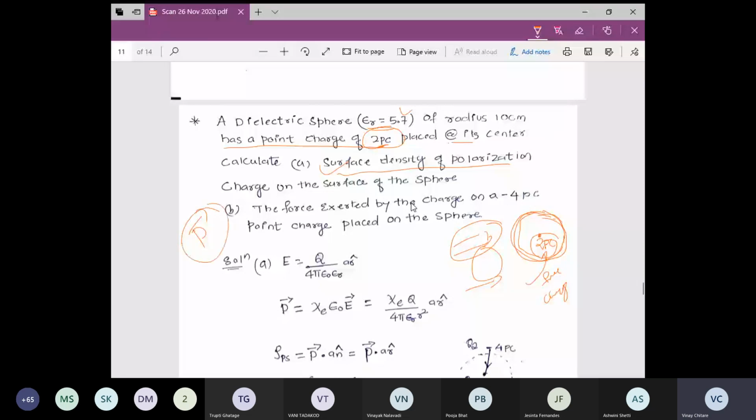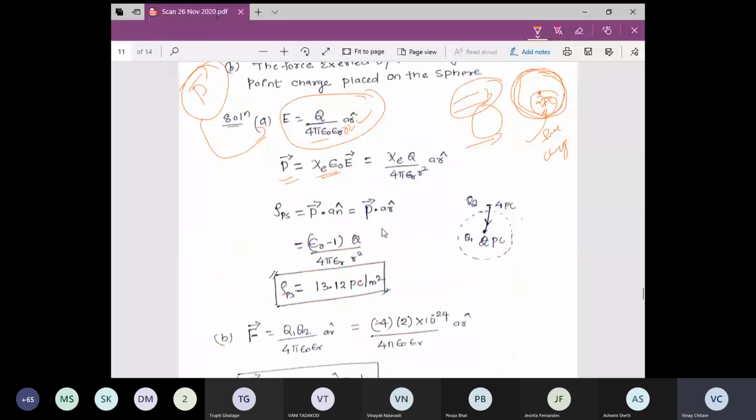So first I can find the electric field due to this free charge, which is Q divided by 4 pi epsilon r squared a_r hat. From there I can find P with the relationship between P and E. Then you can find the polarized surface charge density, P dot a_n hat.